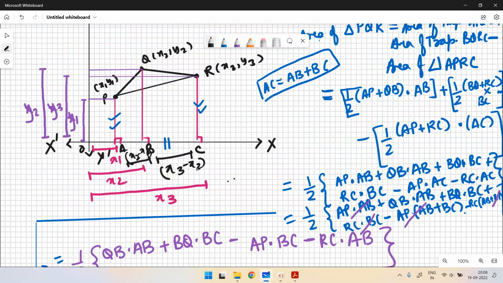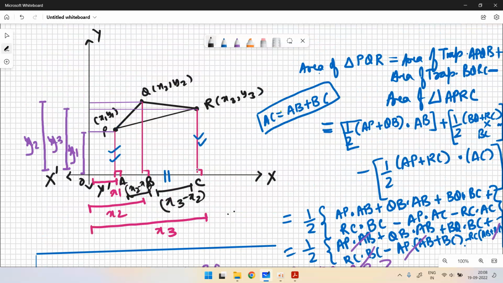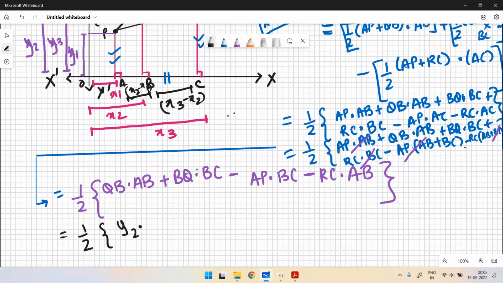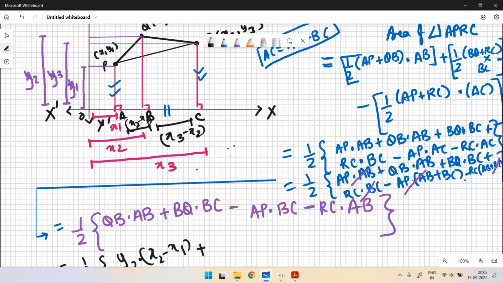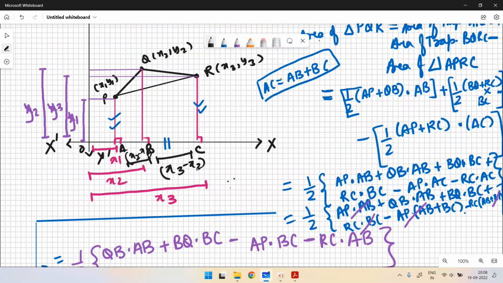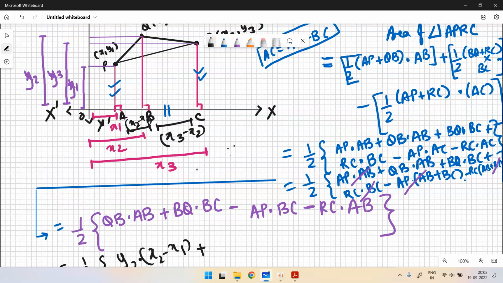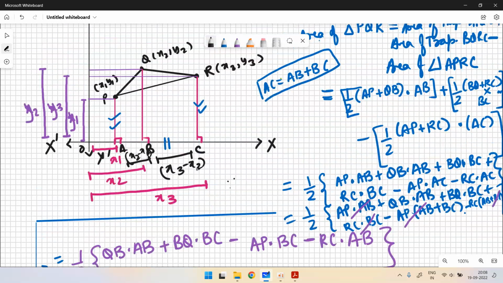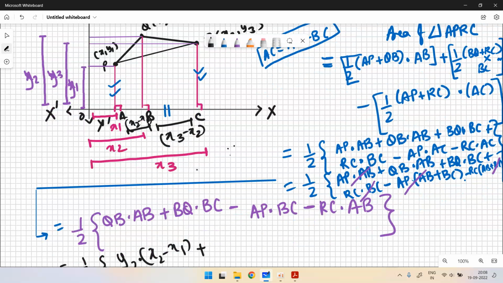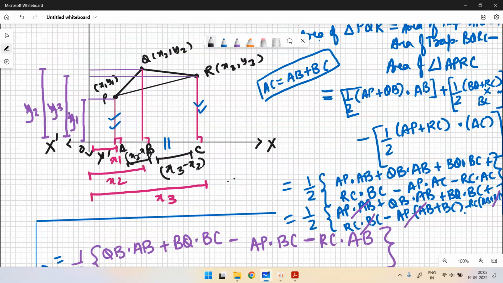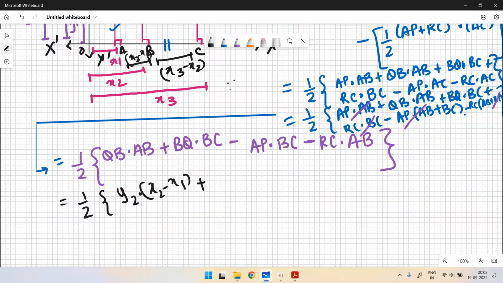What is AB? AB is x2 minus x1, y2, plus BQ into BC. BQ is the same as QB, again y2. BC is x3 minus x2.